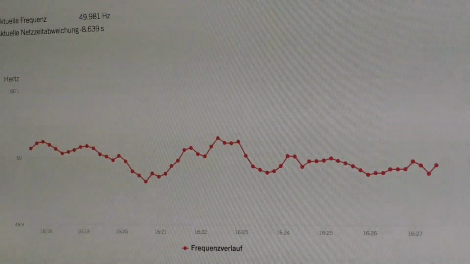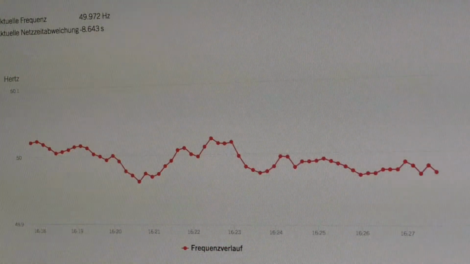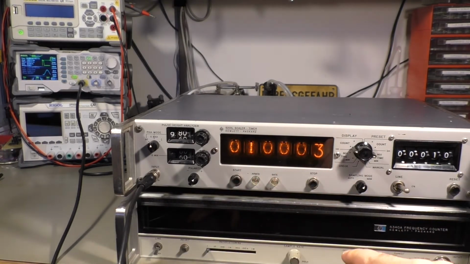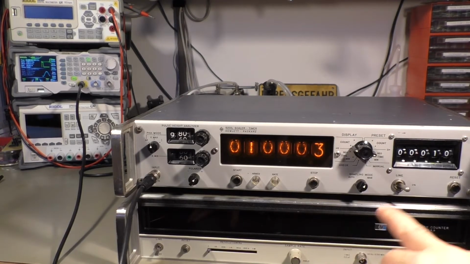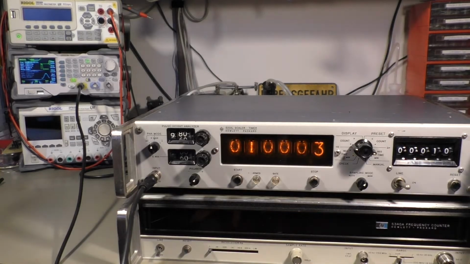If the frequency is more than 50 Hertz, so 1 second is shorter, and we should count maybe only 9,999 pulses. And as I'm talking here, we are getting closer to 50, so we are only 3 counts off.